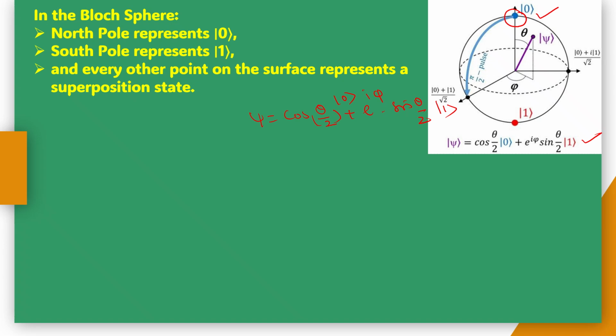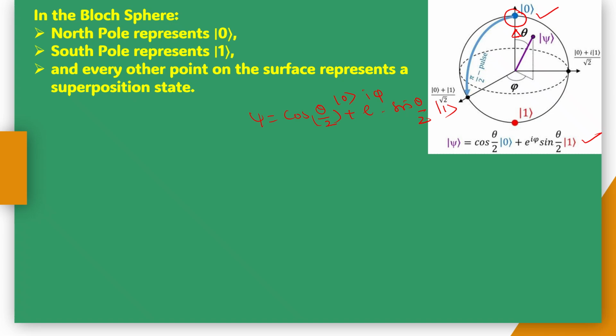When you apply theta 0, cos theta by 2 is cos 0, which is 1, giving state 0, and sine 0 is 0, so there is no state 1 component. So this is the representation of state 0. Similarly, this is the state 1, where theta is 180 degrees.